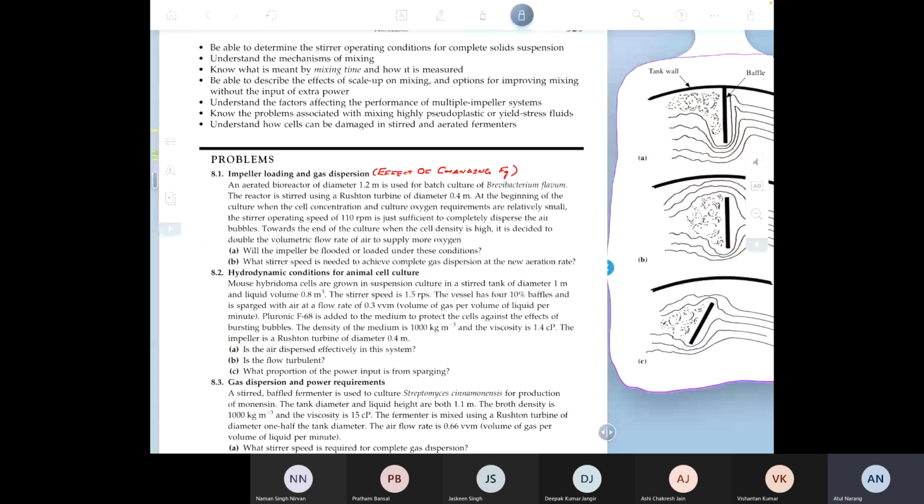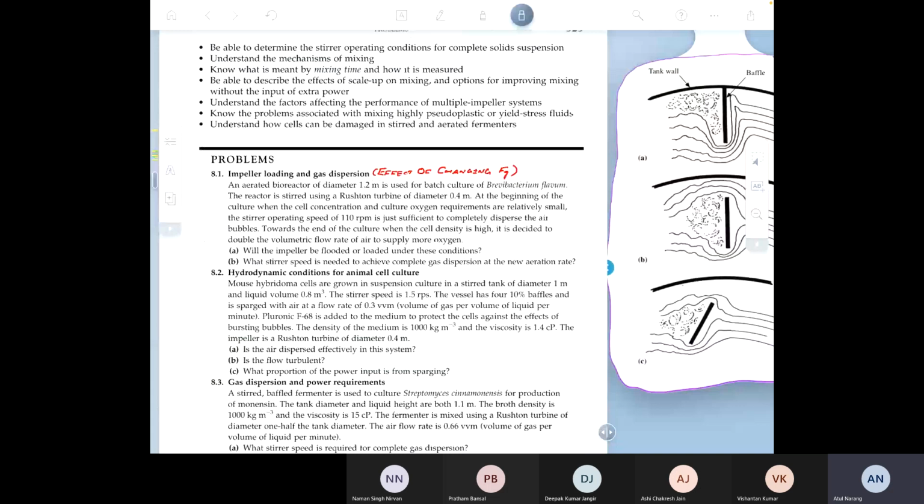And it says the stirrer operating speed of 110 RPM is just sufficient to completely disperse the air bubbles. So it's telling you that the system is completely dispersed at the beginning. Okay. Now, it's not telling you exactly how much the gas flow rate is, but simply that whatever it is, it is adequate.